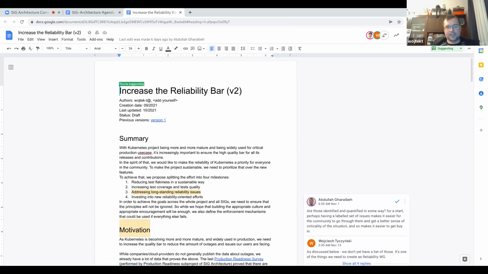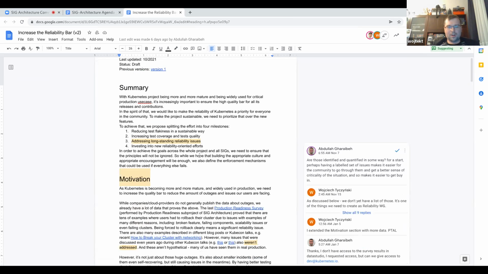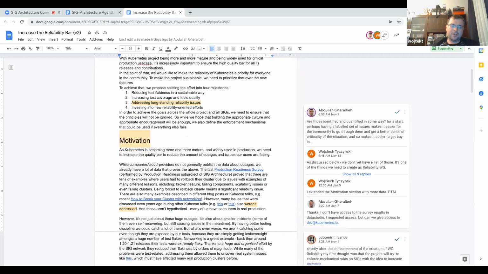We don't want to do a reliability-related release, because that probably doesn't work that well. We need something more sustainable, and we need to ensure that we're addressing it constantly and focusing on it over a long period of time.